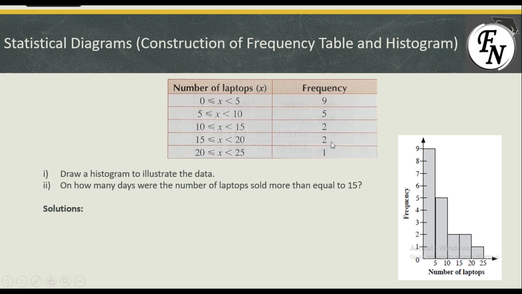So a total of 3 days were there where more than 15 and fewer than 25 laptops were sold. We have been given the lower boundary, more than 15, that is asked only, so it can be till 25 or more than that as well, but we have been given till 25, so we can add these up and we get the answer as 3 days.